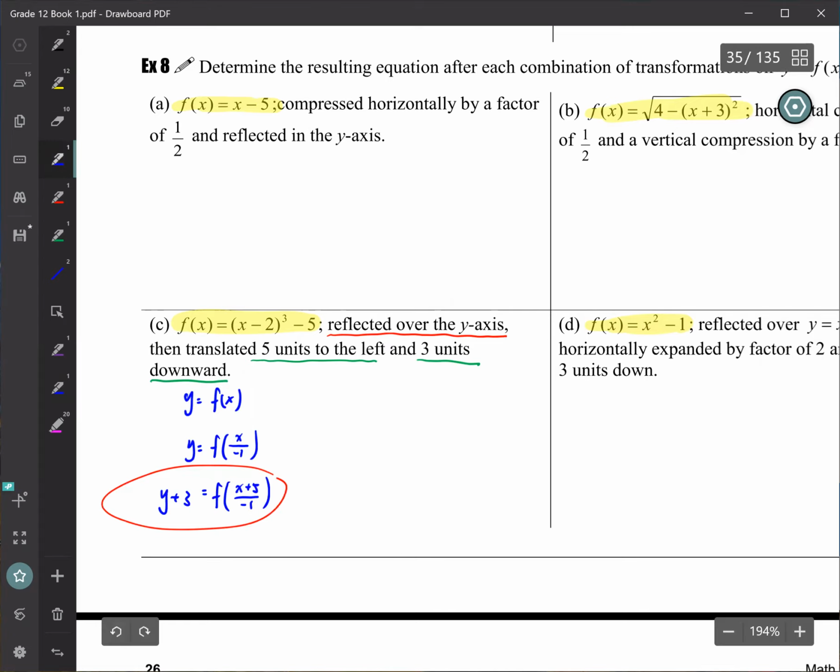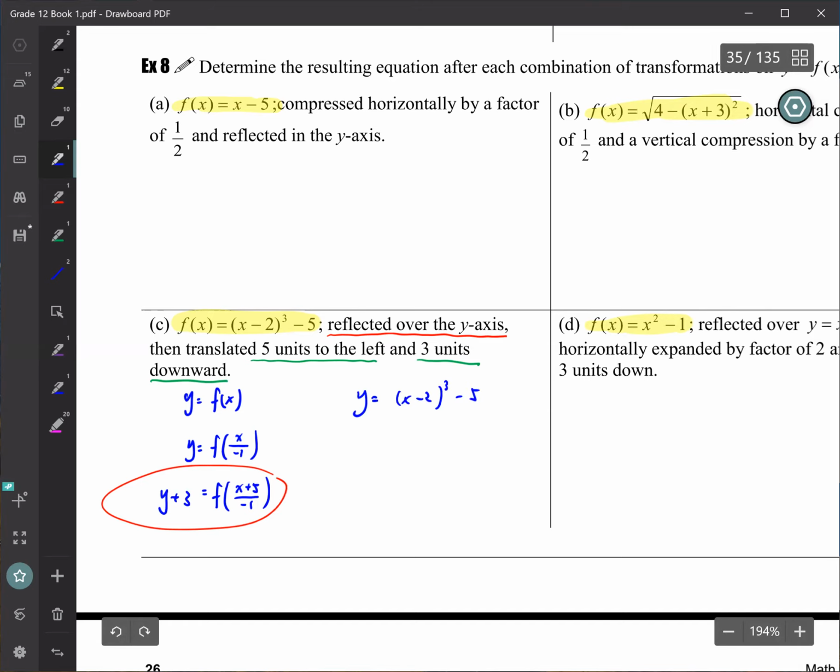Because they say you want to determine the resulting equation after each combination of transformations on y equals f of x. Now the f of x they give you is x minus 2 cubed minus 5. This is the function they give you.